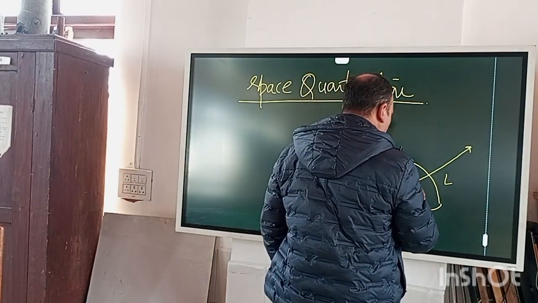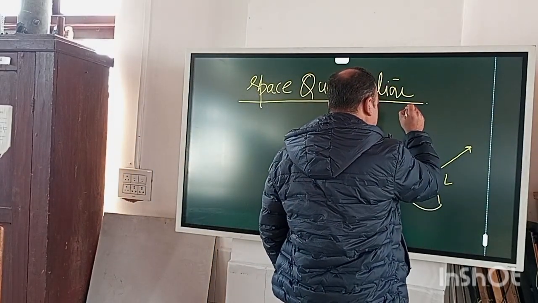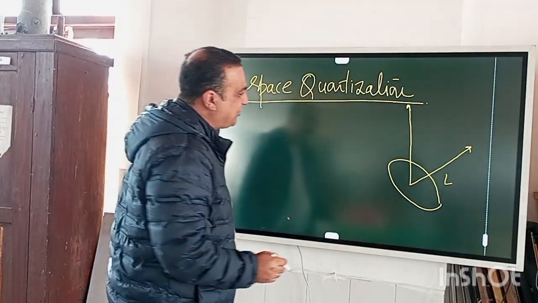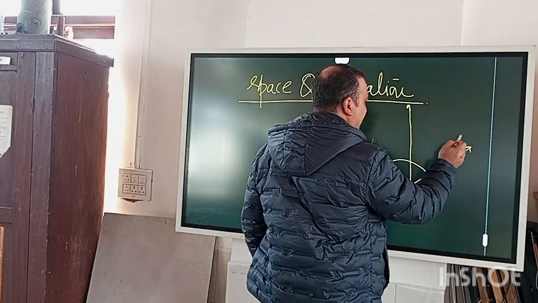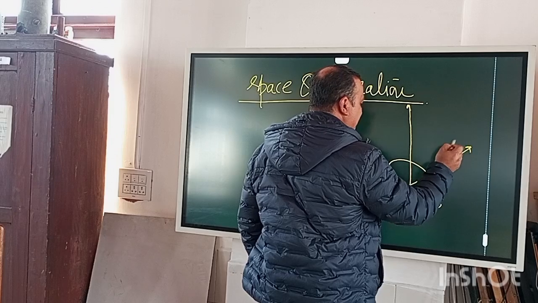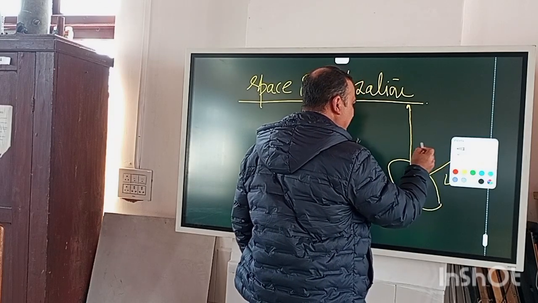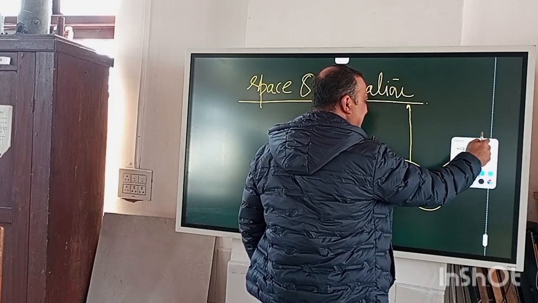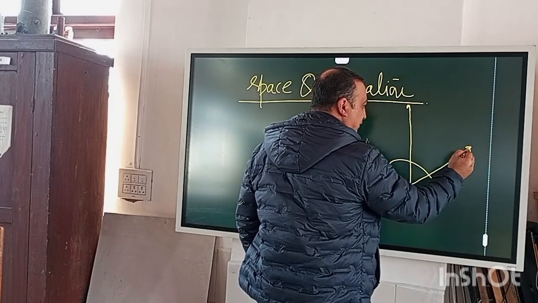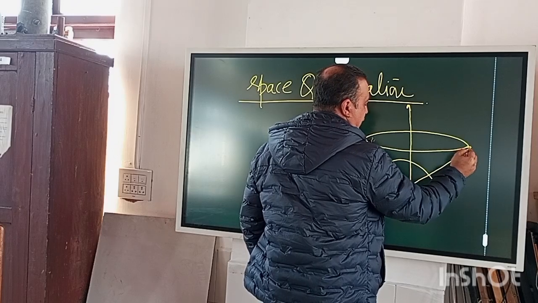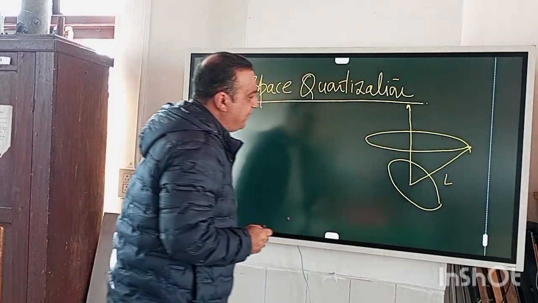When we switch on the magnetic field in the Z direction, there is precession of the angular momentum, and the orbit of the electron precesses towards the magnetic field.